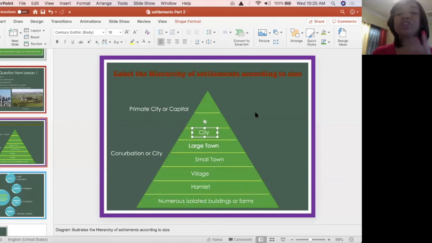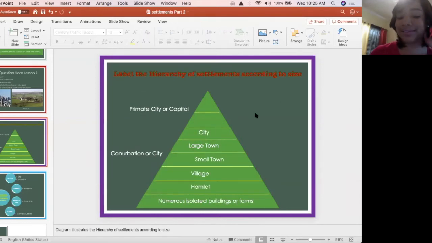Okay, so we have 2 types of settlement remaining. Which one will be the one that is going to sit at the peak because it's going to be considered the largest of the 2? Which one would sit at the actual peak? Okay, Indira says the capital.